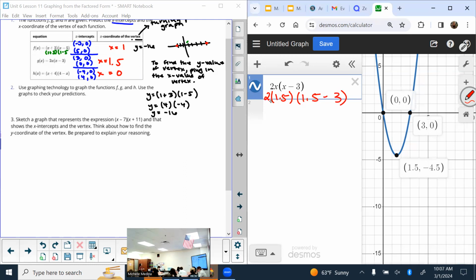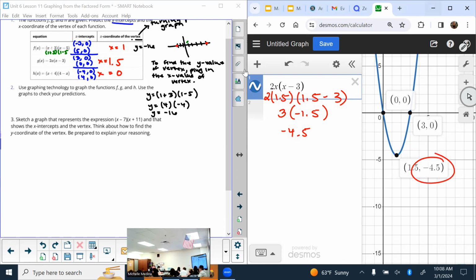Simplify and solve. What's 2 times 1.5? And 1.5 minus 3. Multiply these two together, you get -4.5 for your vertex.